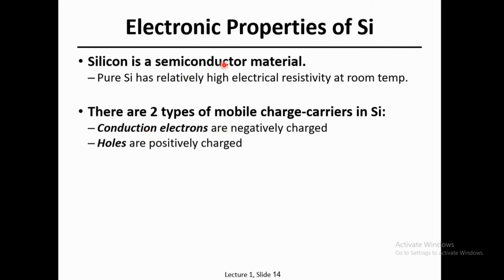Okay, in electronic properties of the silicon, we're talking about two types of mobile charges. What do we mean by that? Recalling from last year when we said that the semiconductor material has two bands and there is a gap between the two bands. One of the bands is called the conduction band, the second band is called the valence band.